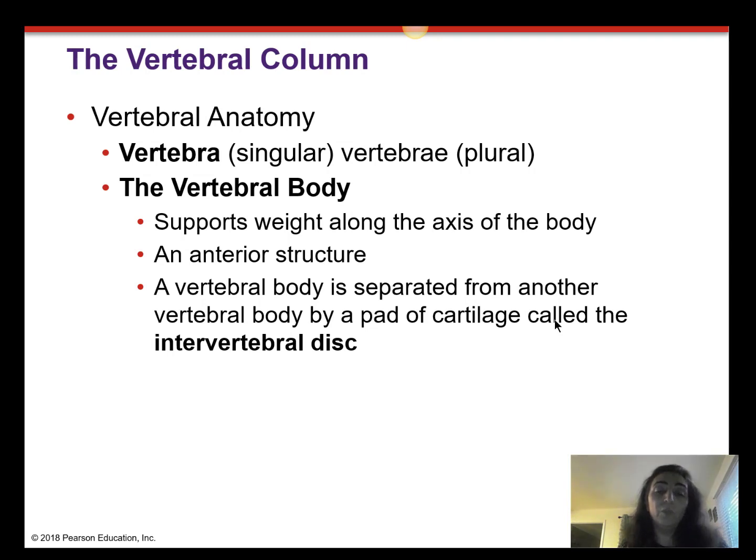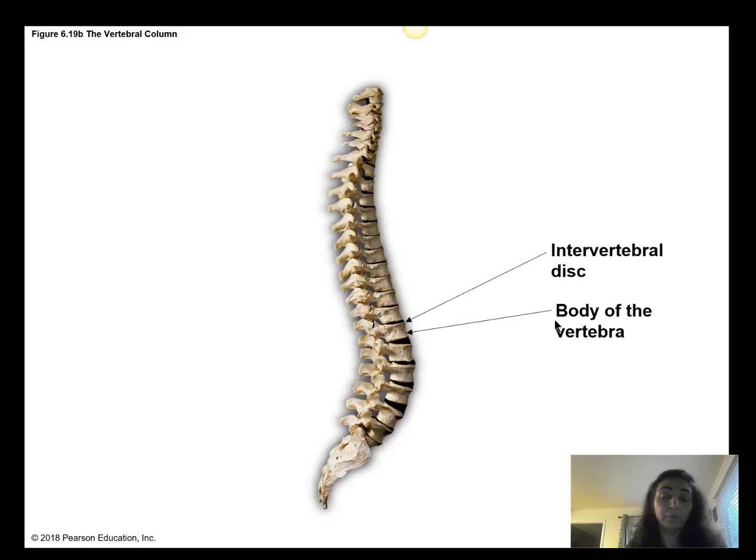The vertebral body is separated from another vertebral body by a pad of cartilage that's called the intervertebral disc. Hopefully you remember what type of cartilage that is. Intervertebral disc comes from fibrocartilage, right?